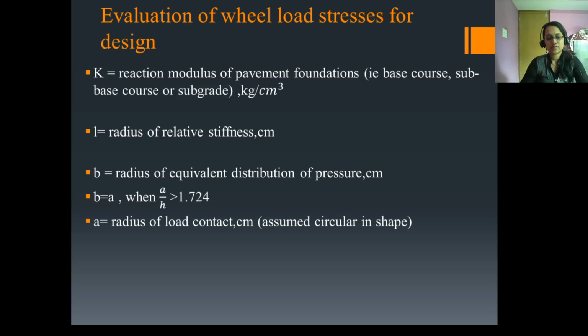If A upon H is less than 1.724, B will be equal to the square root of 1.6 A square plus H square minus 0.675 H. So this condition arises when A upon H is less than 1.724. A is the radius of the load contact area.